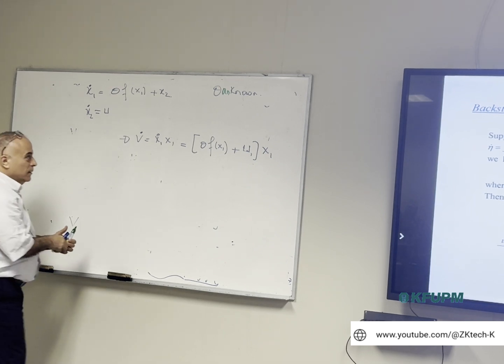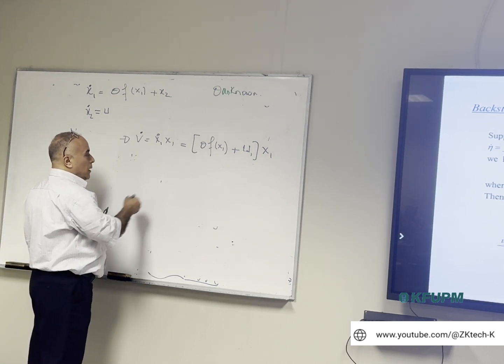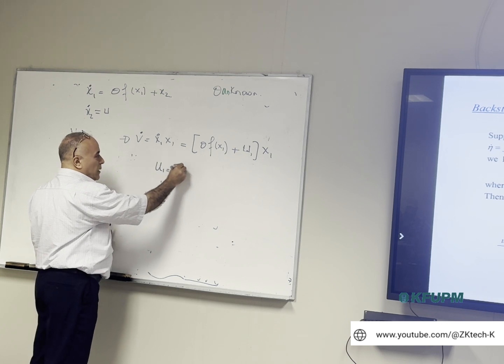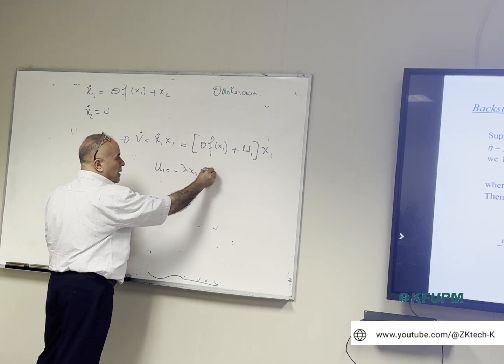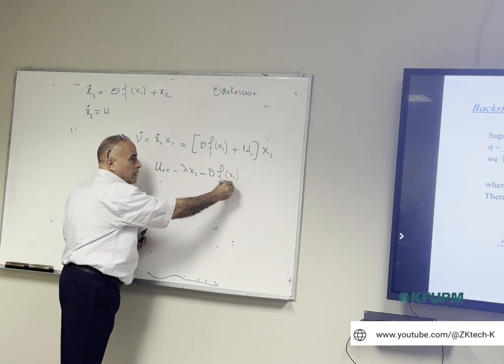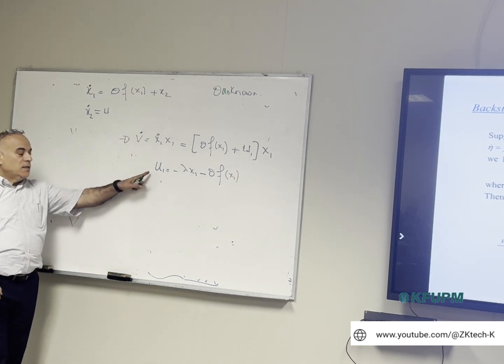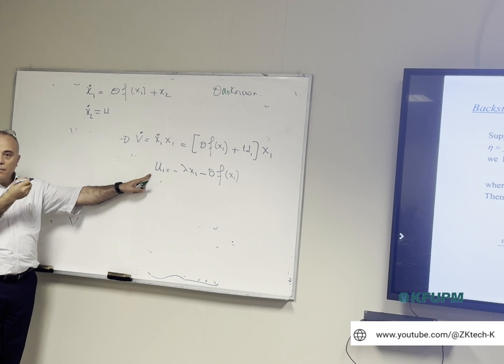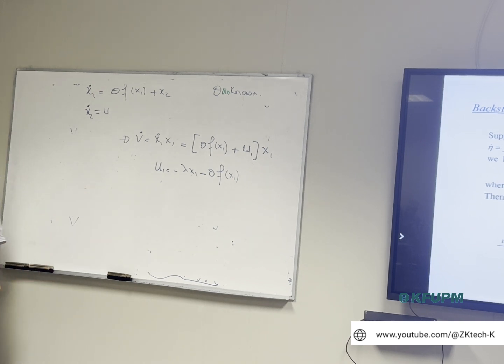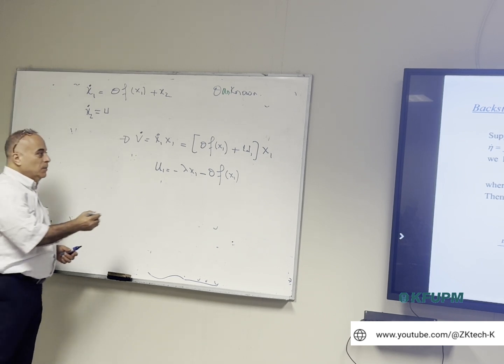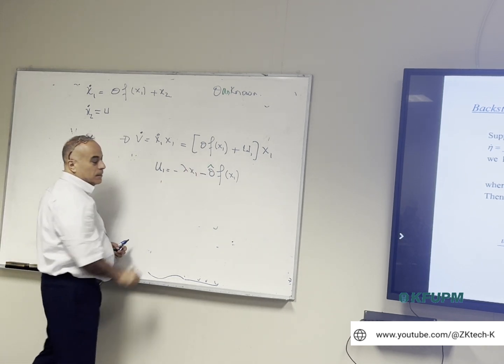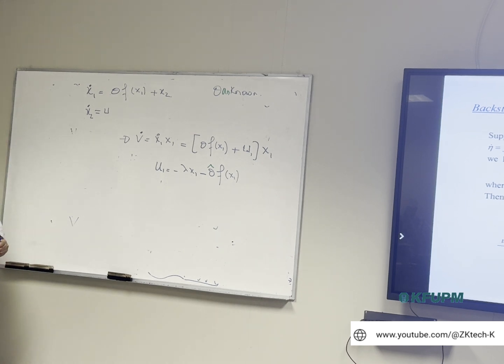What I'm going to find is that u1 has to be equal to minus lambda x1 minus theta multiplied by f of x1. This is the value of u1 that we found in the previous problem when we solved it before. But the value of theta is unknown, so this controller is not feasible. So in order to make this controller feasible, I need to put an estimate of theta. Right? An estimate of theta.